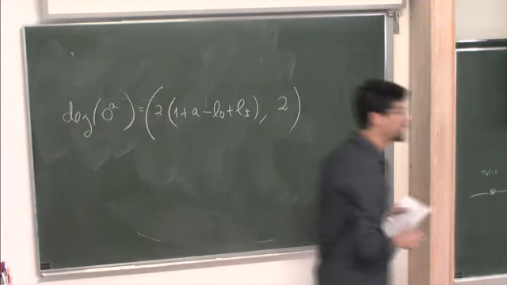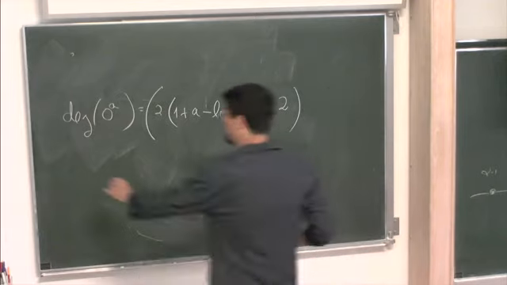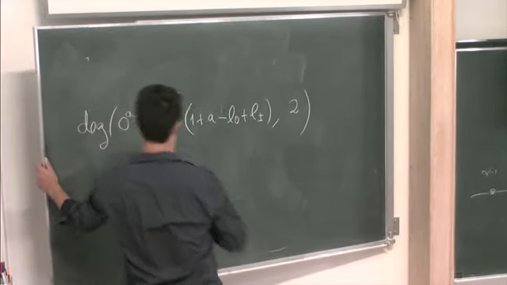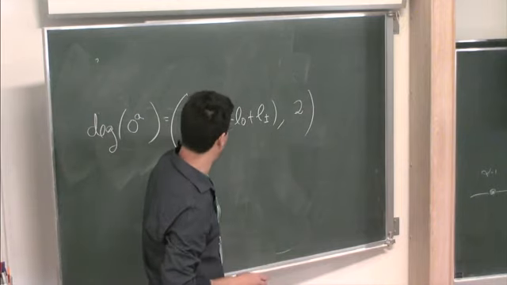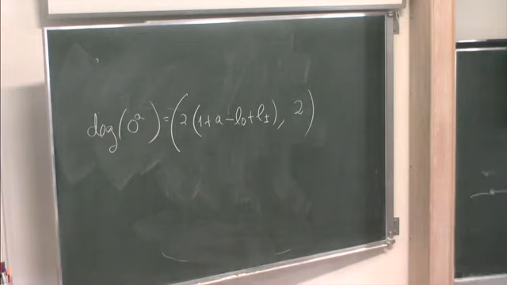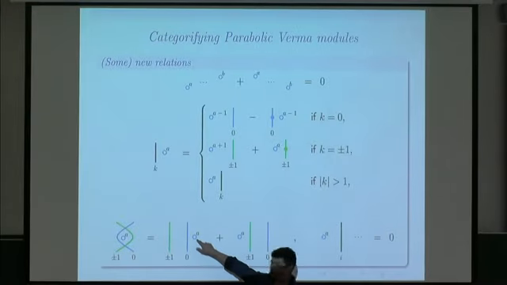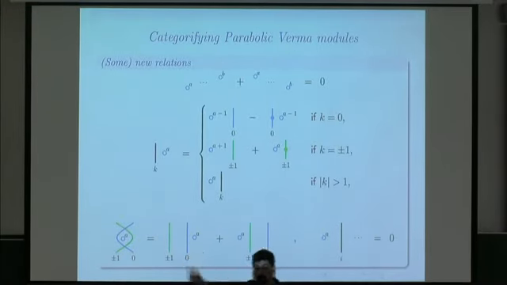So I want to emphasize some aspect here, some feature. A is the label, L0 is the number of strands labeled 0 at the left of the floating dot. So for example, like here, for this guy, L0 would be 1.